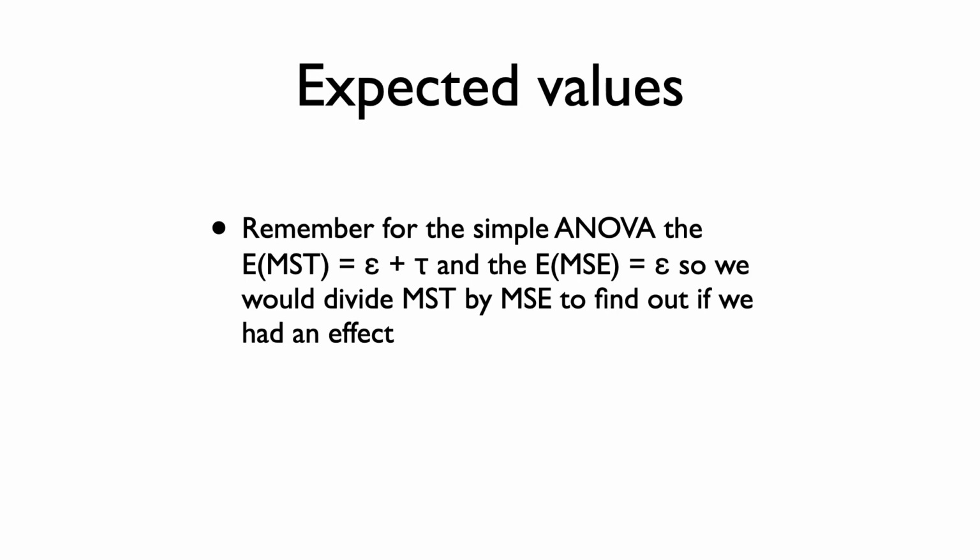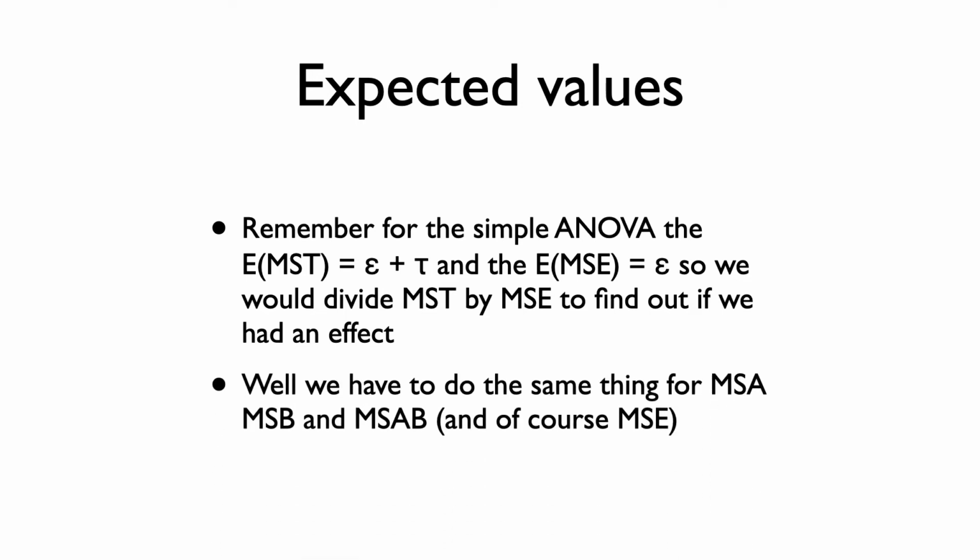That meant that we could then take mean squared treatment divided by mean squared error in the summary table, and we would isolate the treatment, right? Well, we have to really do the same thing for mean squared A, mean squared B, mean squared AB, and of course mean squared error.